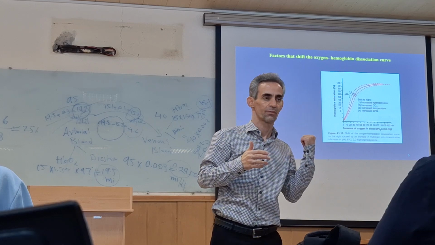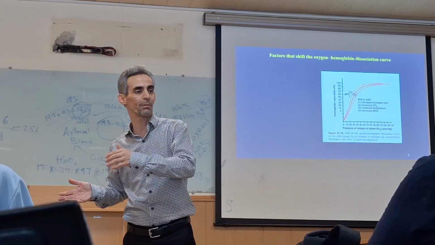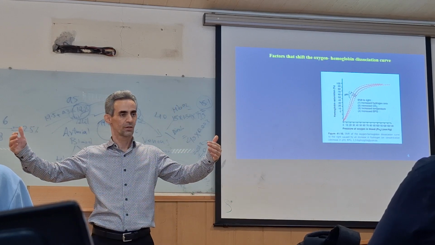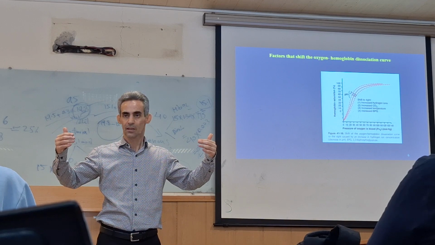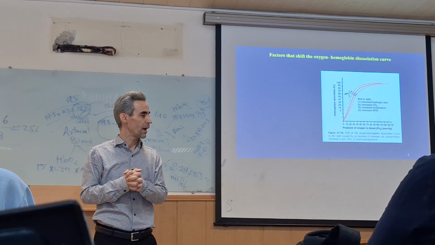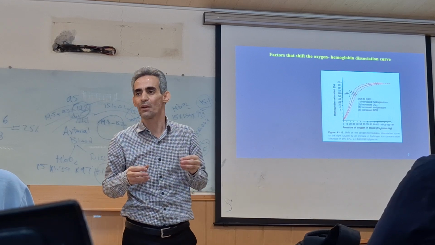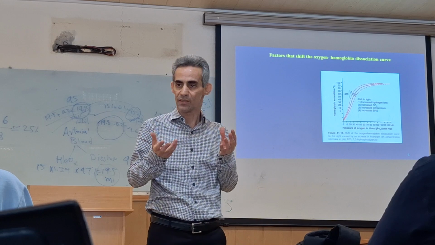Opposite to this, when this blood travels and passes through the peripheral tissue, the main function of this blood is to deliver oxygen from itself to the tissue. And here, the tendency and the affinity of the hemoglobin for oxygen should be decreased. Okay?